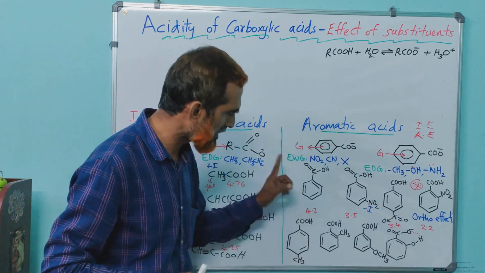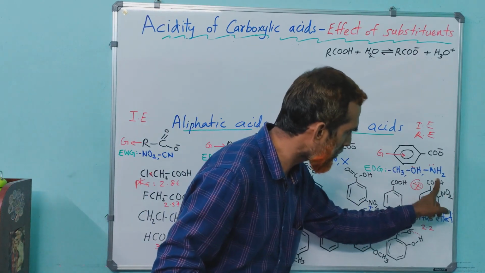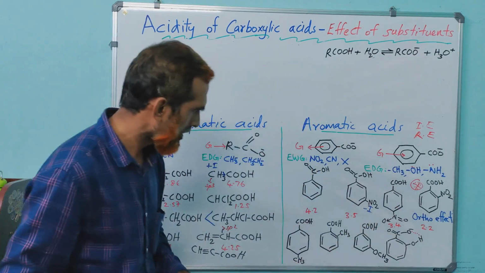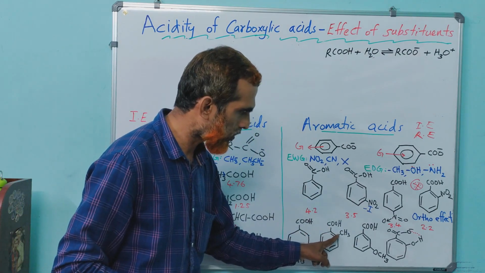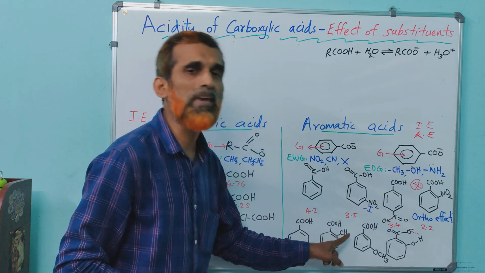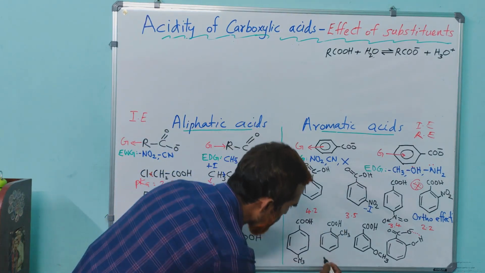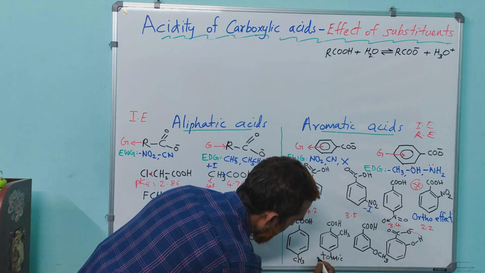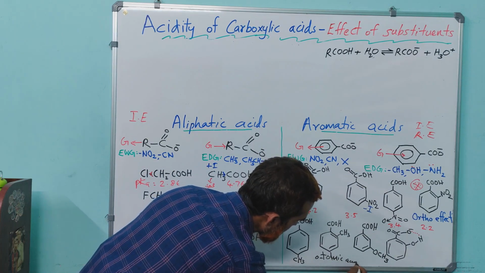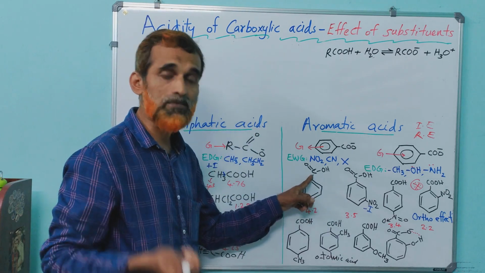You consider this one, benzoic acid 4.2, orthonitrobenzoic acid, that is 2.2, and this one, orthotoluic acid. This is called toluic acid because it is CH3, so it's toluene, and carboxylic acid, benzoic acid together called toluic acid. See, this is also more acidic than benzoic acid. That's very interesting.